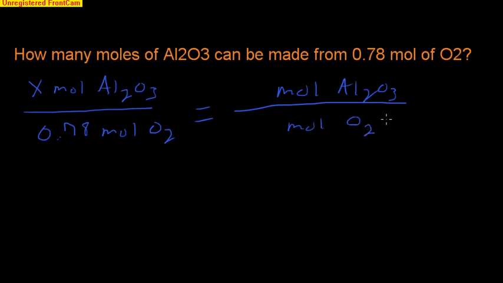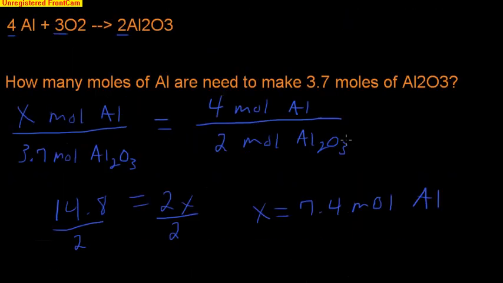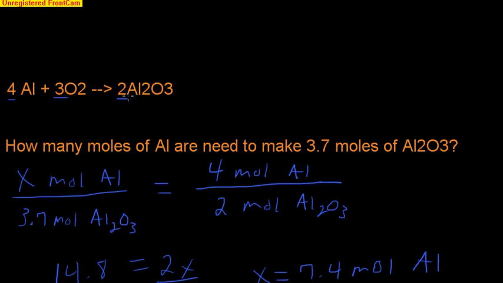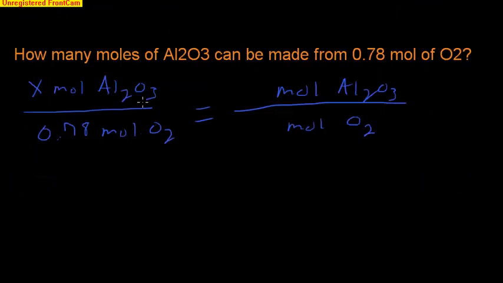If we scroll back up to the balanced equation, we want aluminum oxide to oxygen. There are 2 moles of aluminum oxide to 3 moles of oxygen, so it's a 2 to 3 ratio. Now we've set up the proportion. The next thing we have to do is cross multiply. 0.78 times 2 is going to give me 1.56.